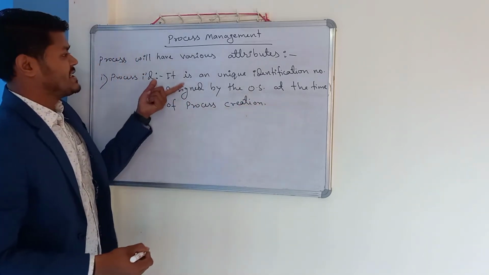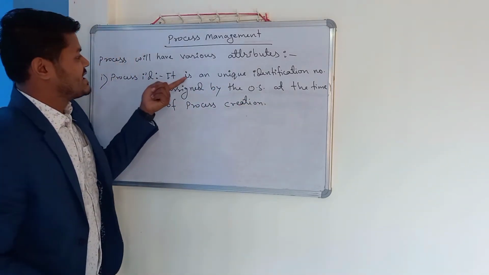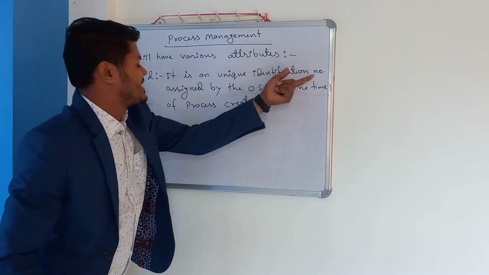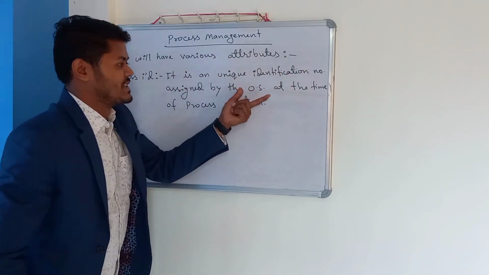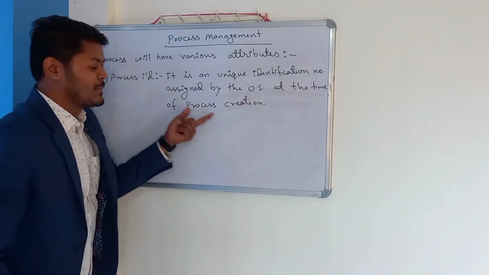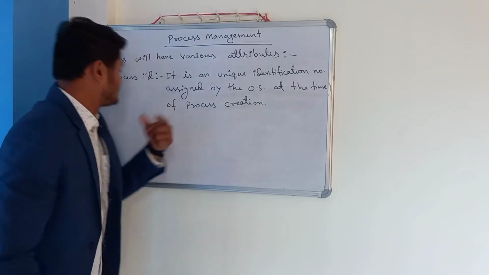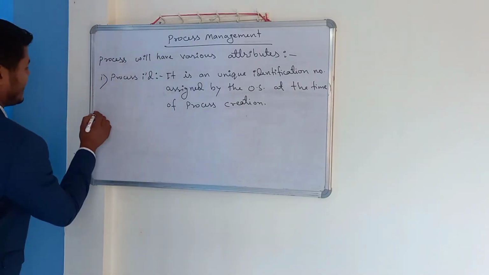Fine. The process ID is a unique identification number assigned by the OS at the time of process creation.